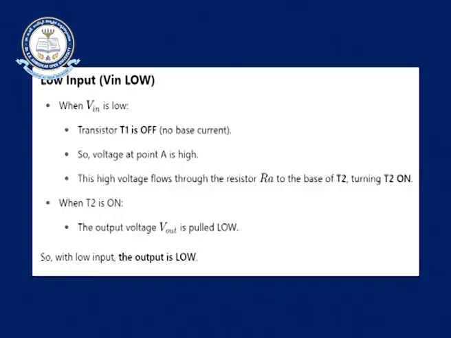Okay. Whenever the input voltage is low, transistor T1 is in the off condition, so there is no base current at all. So the voltage at point A is high, and current flows through the resistor RA to the base of transistor T2, turning it on. Previously T1 was off, now T2 is on, and the output voltage Vout is pulled low, whereas previously it was high.